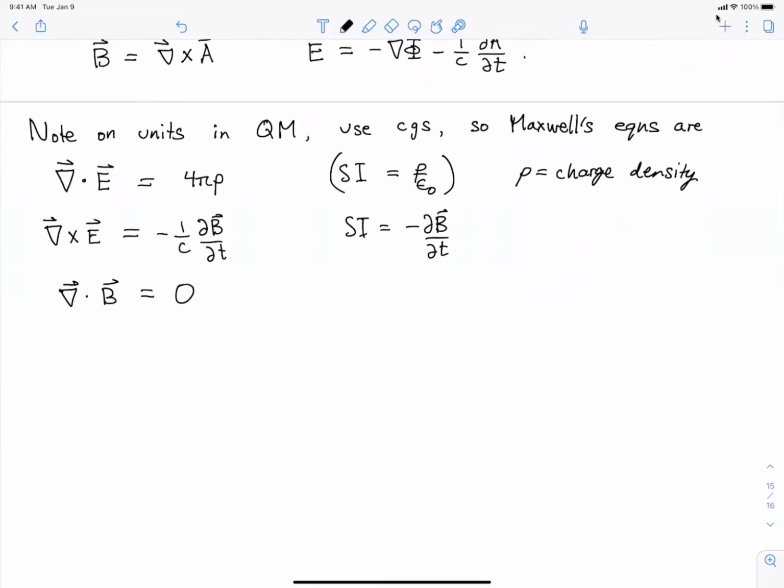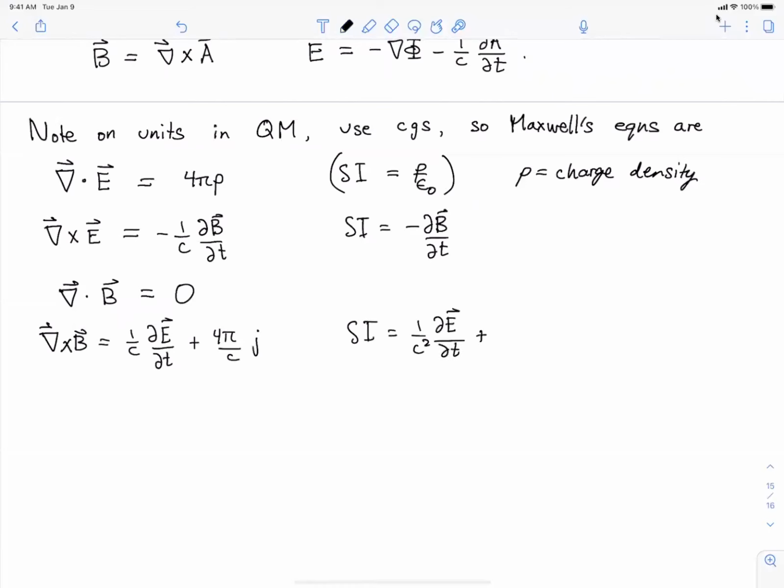And then finally, we have Ampere's law, which says the curl of B equals 1 over c times the time derivative of the electric field plus 4 pi over c times the current density J. In the SI system of units, this looks like 1 over c squared times the time derivative of E plus mu naught J. So the main difference is that in the CGS system, there's no such thing as epsilon naught or mu naught, which is good.